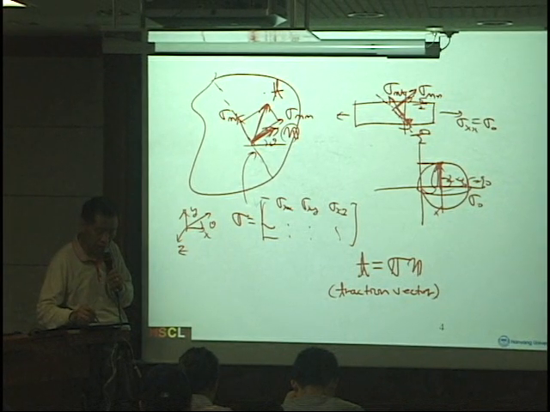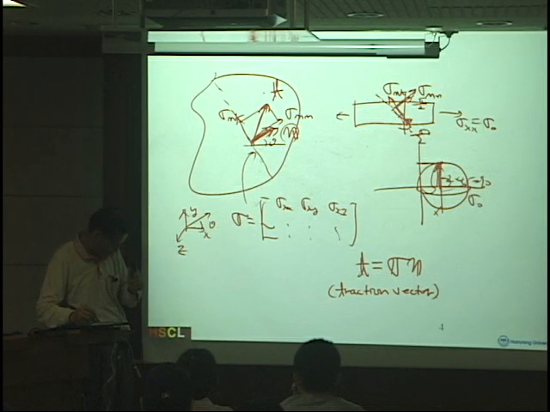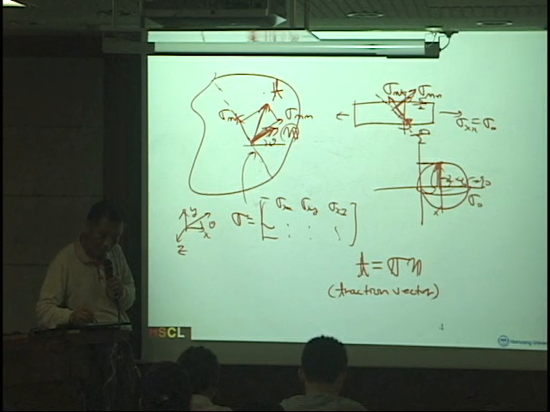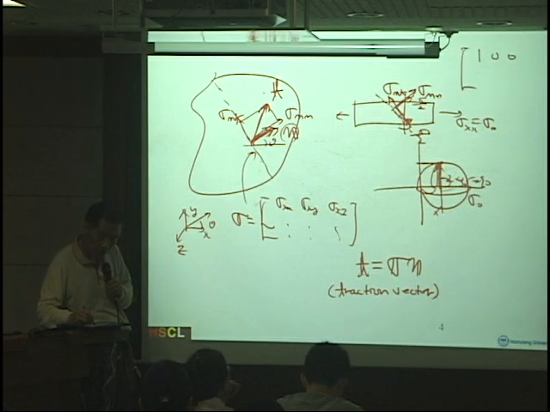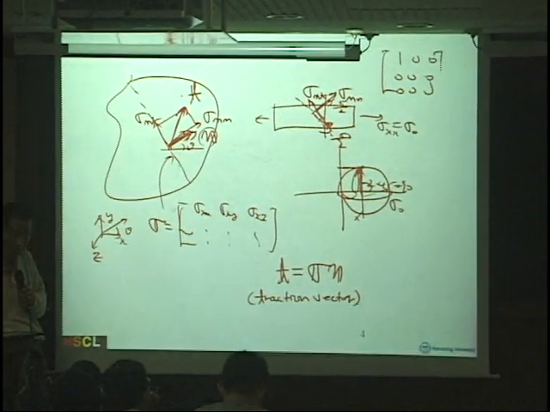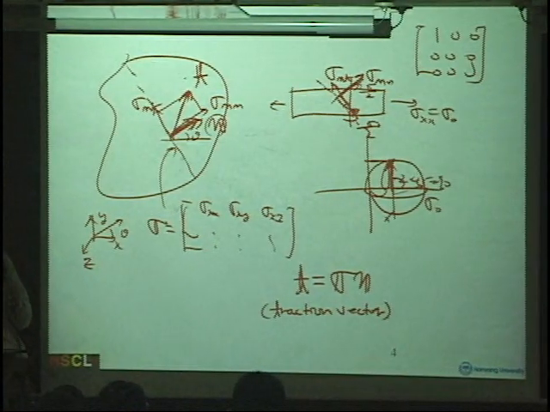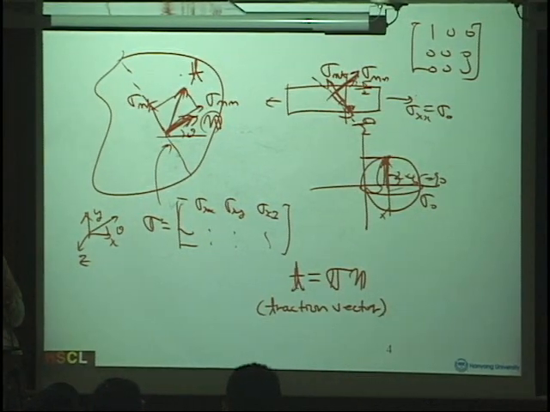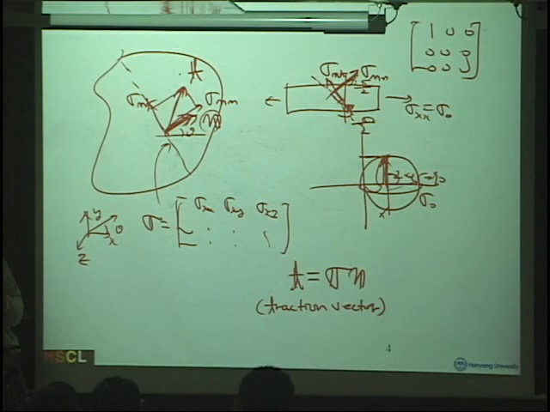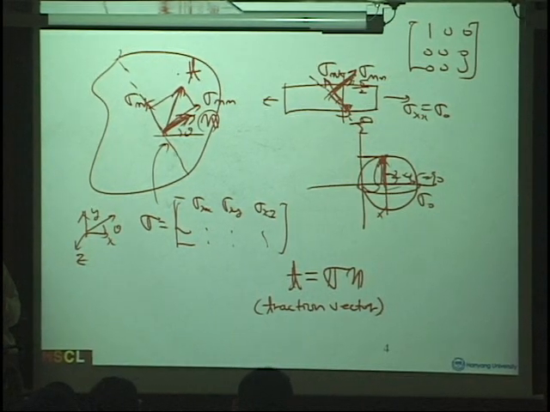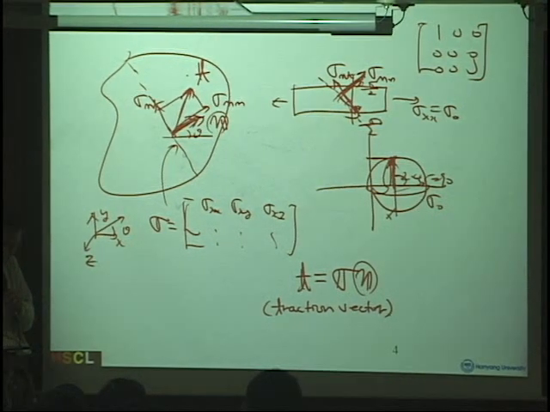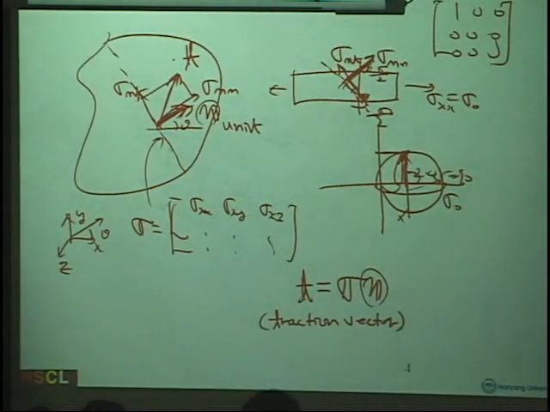For instance, let's go back to here, this stress state is 1, 0, 0, 0, 0, 0, 0, 0, 0, right? And the 45 direction is this vector. Actually, this needs to be a unit vector. N is the unit normal vector.